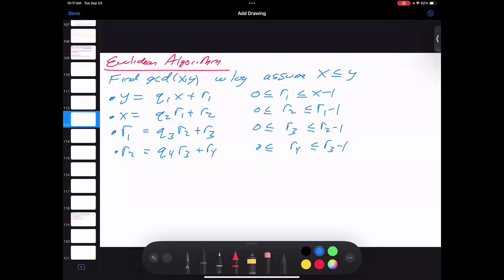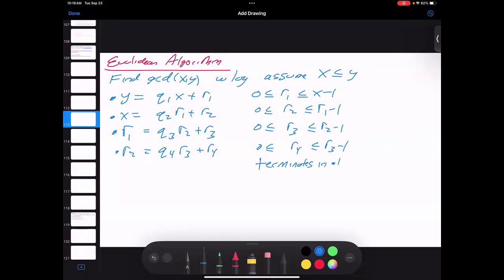Is R2 smaller than R1? So it's at least 2 less than X. Is R3 less than R2? So it's at least 3 less than X. Is R4 less than R3? Yes, it's at least 4 smaller than X. Could this go on forever? What's the most it could go on? Worst case, X times. So it has to terminate in at most X steps.